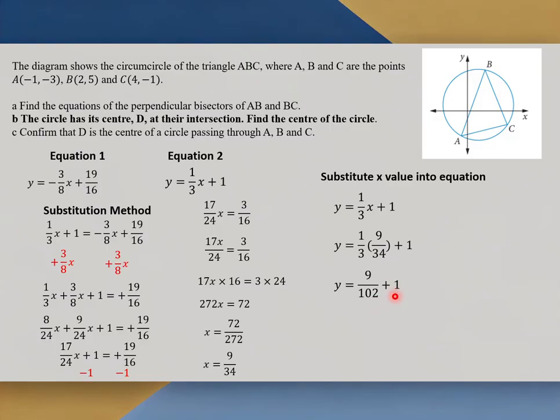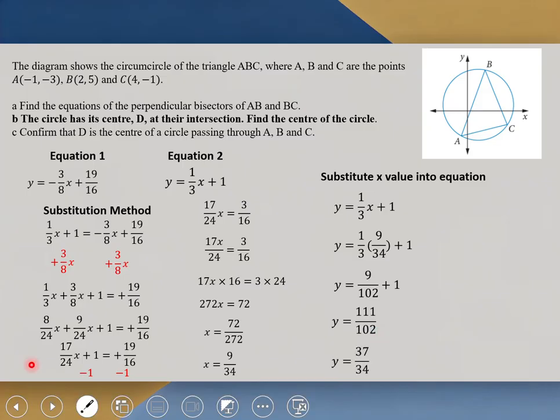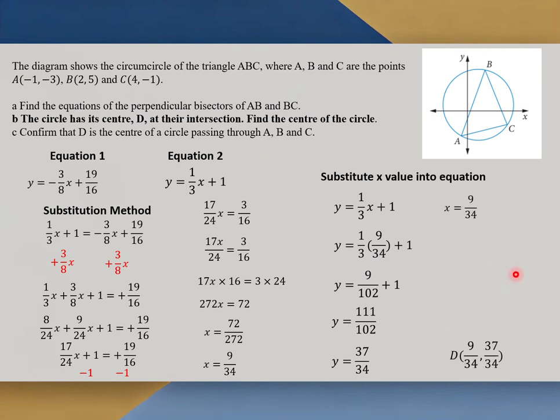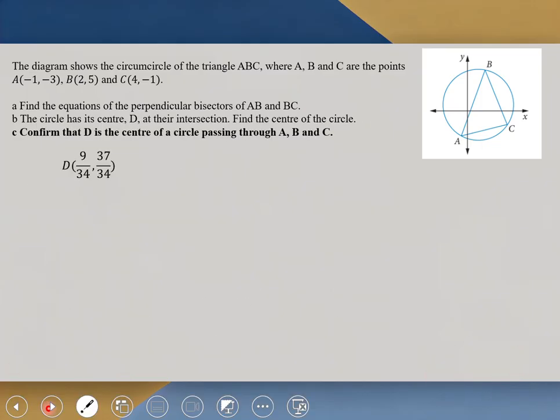We know plus 1 will be the same as 102 over 102, so it's really saying 102 pieces plus 9, which is 111 pieces out of 102. I can simplify that to 37 over 34. And using those x and y coordinates, I've got my D value, which is my intersection.